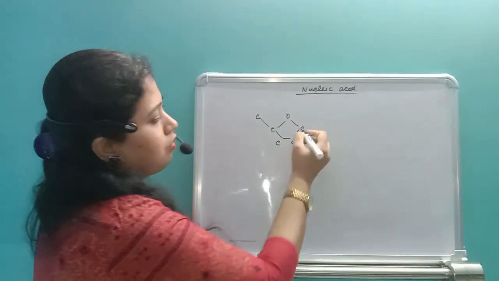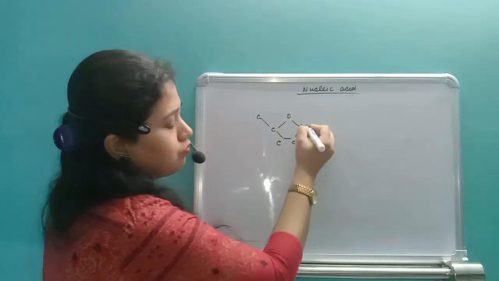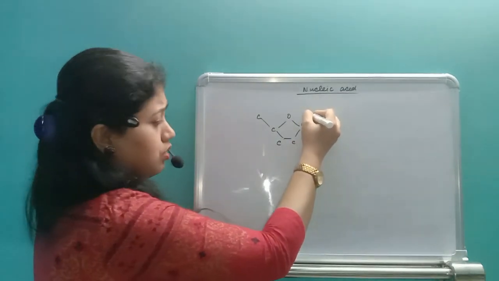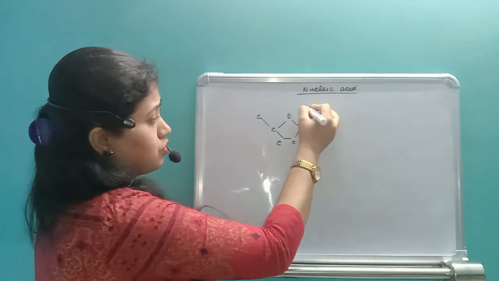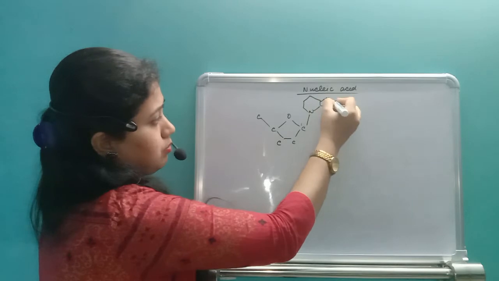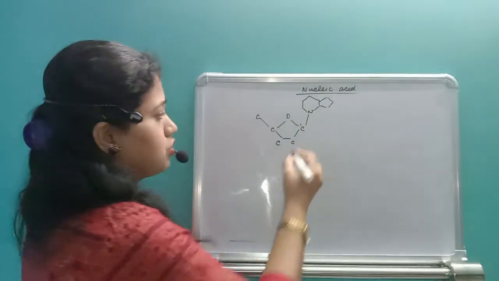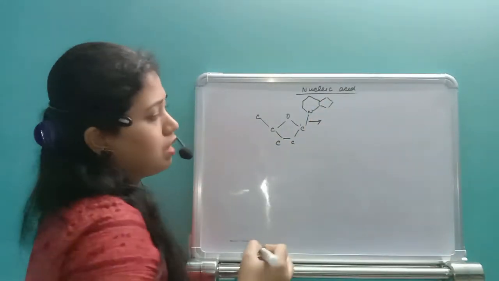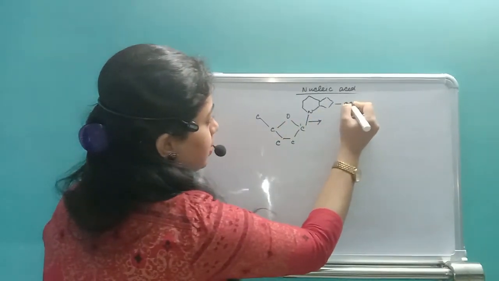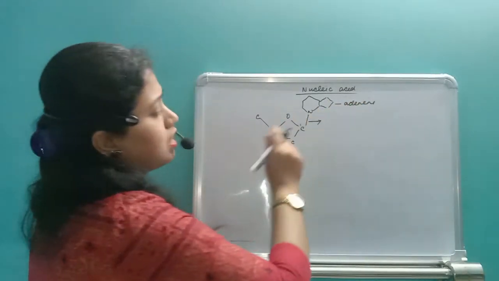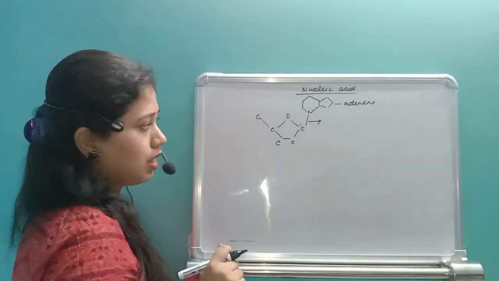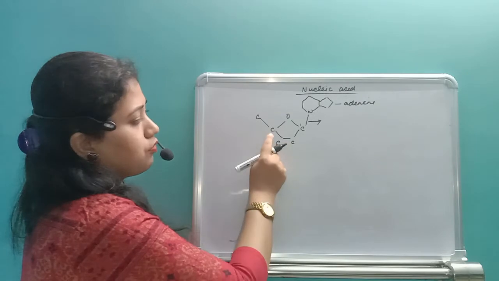So with the first carbon, we are going to see this bicyclic structure. Suppose here we have this N. Okay, so this way it will be found. This will be, suppose, adenine. So adenine is attached to the first carbon atom like this. Next one, second, third, fourth, fifth.